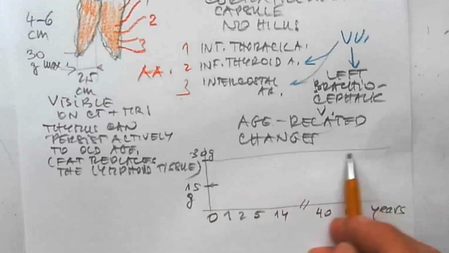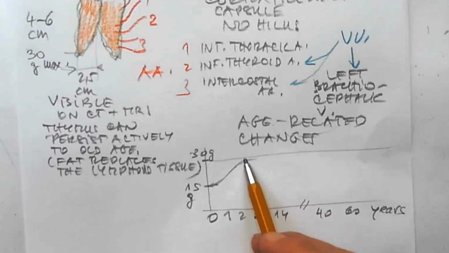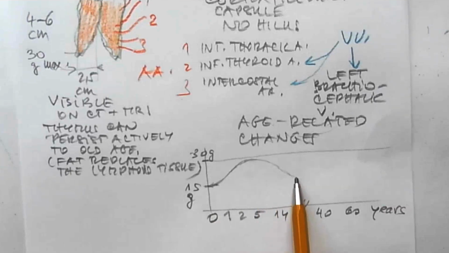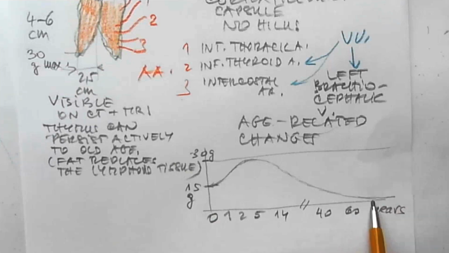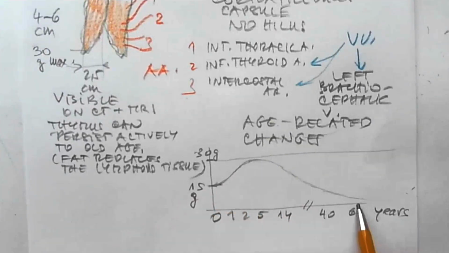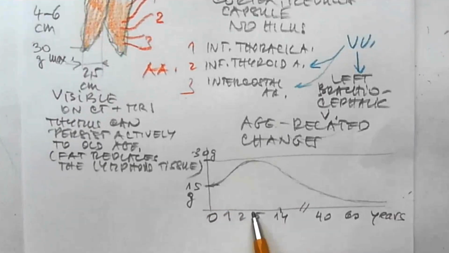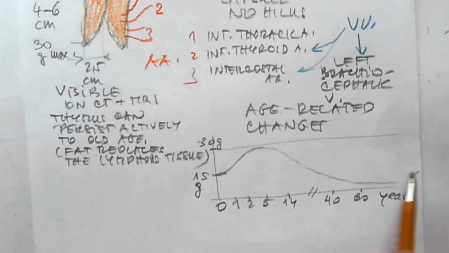Then it grows up to the whole puberty, and after that starts to regress, and finally never to zero, because based on clinical examination, the clinicians, endocrinologists, say that sometimes in old age the thymus is active.